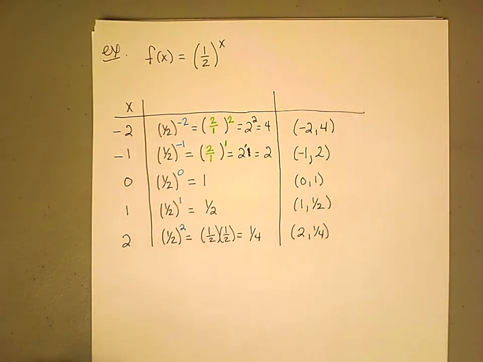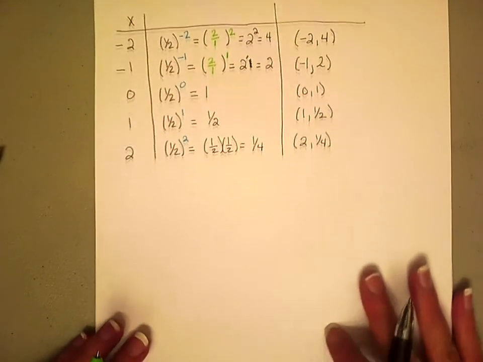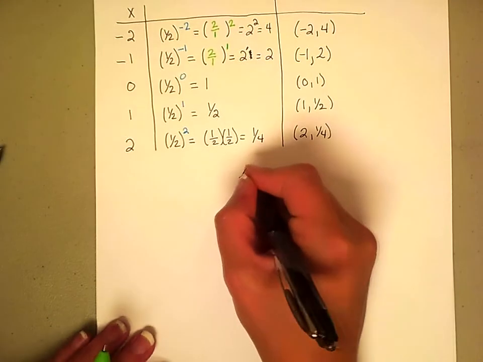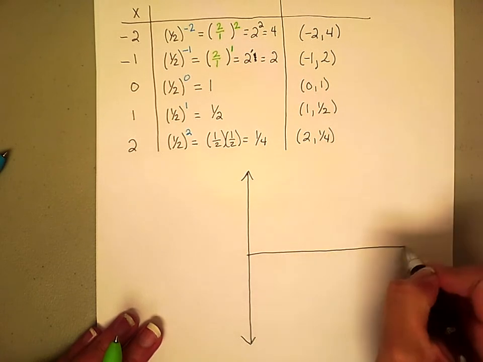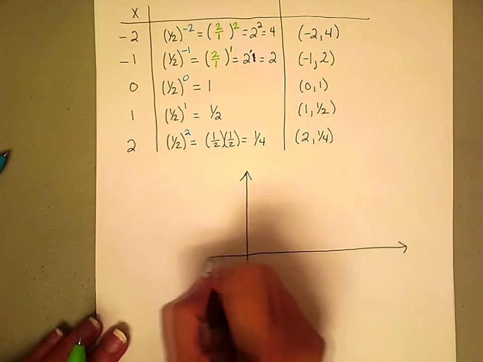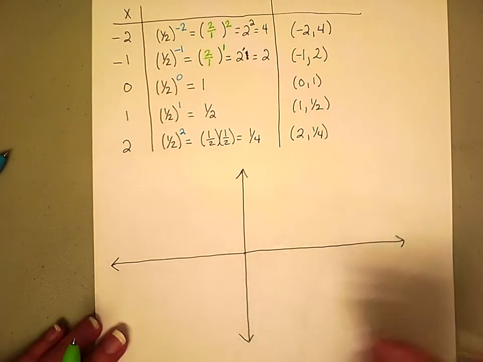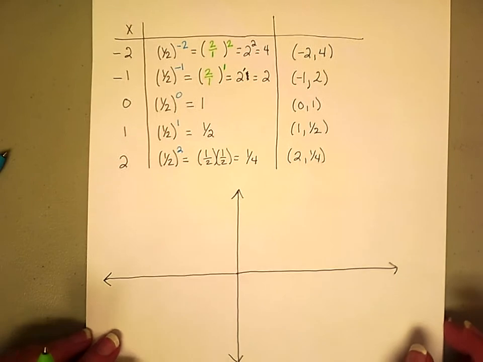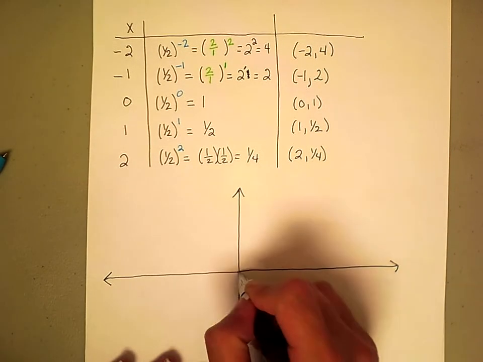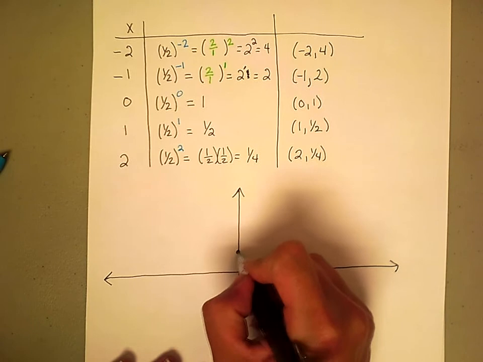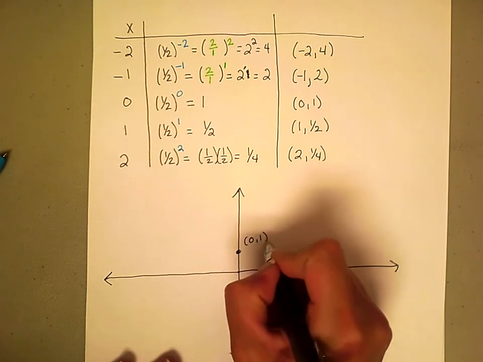And let's see if we can now graph this. When x is 0, we have the ordered pair 0, 1.